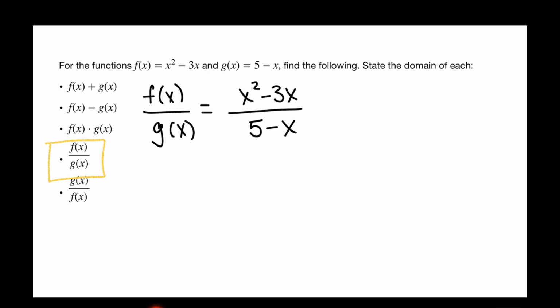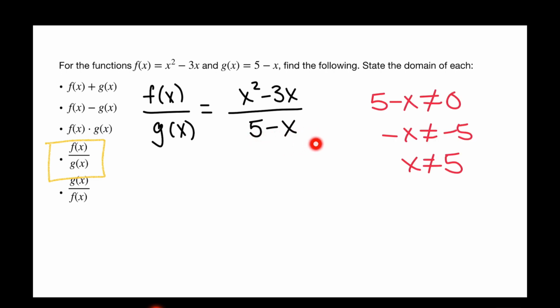Okay, what about the domain? When you divide functions, that all of a sudden might modify your domain, because now we have a denominator, and division by 0 is undefined. So that denominator, 5 minus x, cannot equal 0. That means if we subtract the 5, minus x cannot equal minus 5, or x cannot equal 5.